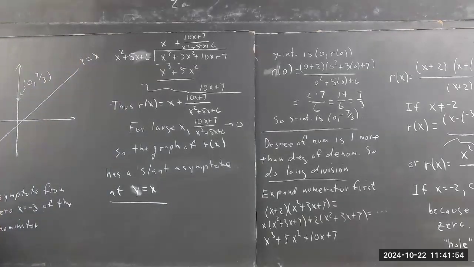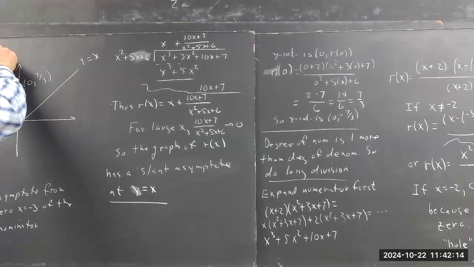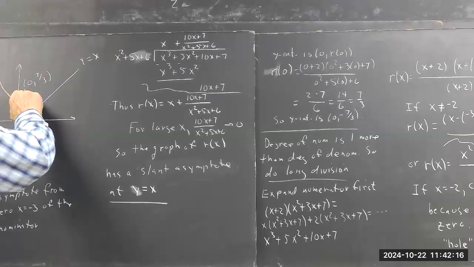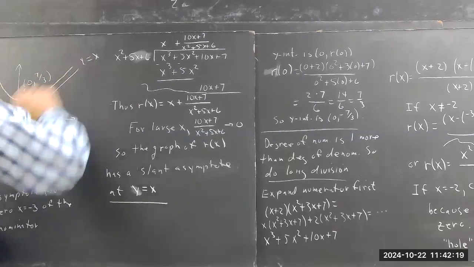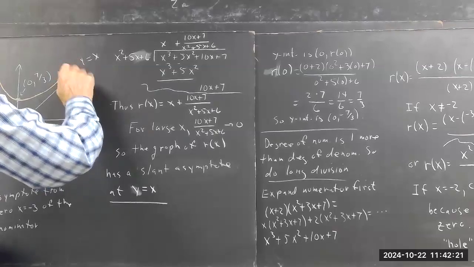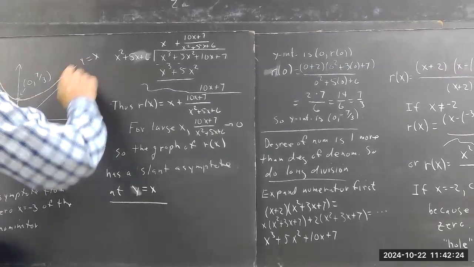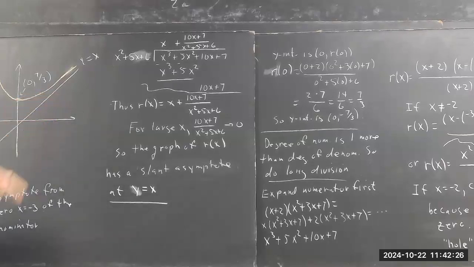But it's going to come up like this, and it's got to turn around and approach this vertical asymptote. Over here, it's got to come down the other side of the vertical asymptote, so it can go through this and come up and be asymptotic to the y equals x line, and there's a picture.